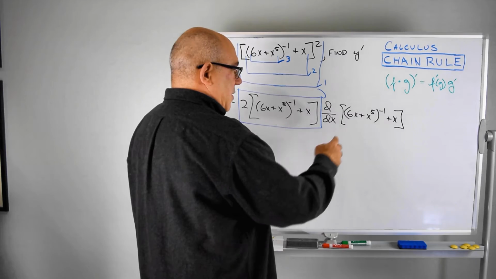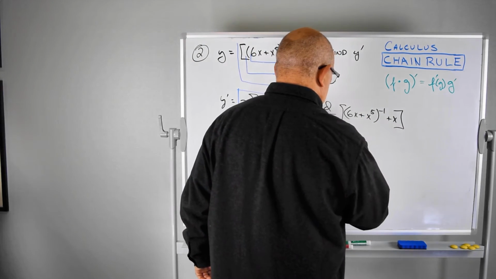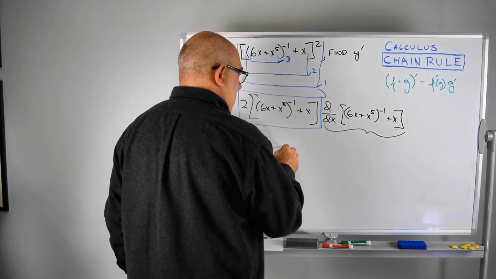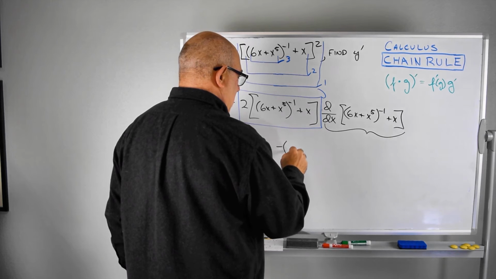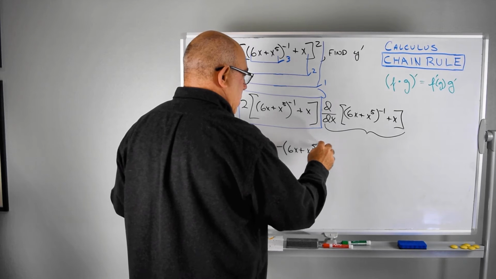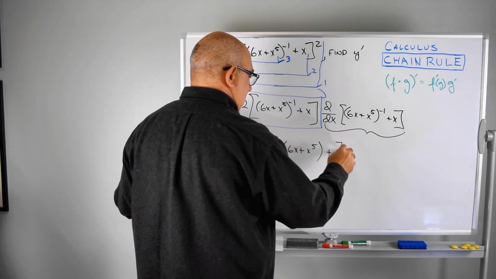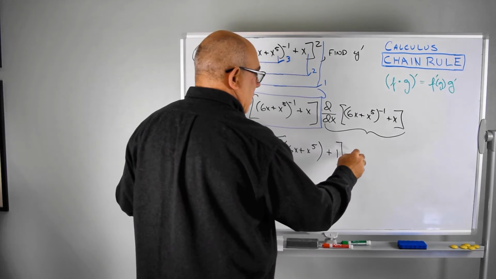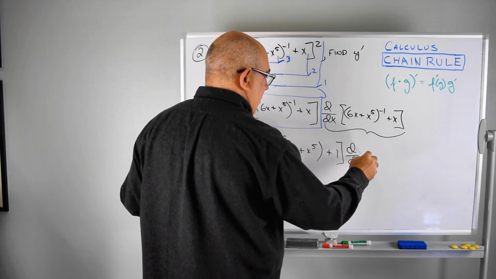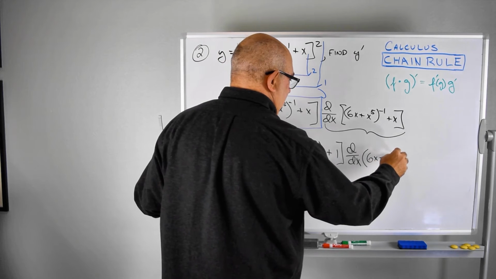Okay? So let's take a look at this. If we differentiate this piece, it's going to equal minus 6x plus x to the 5th plus 1 times the derivative with respect to x of 6x plus x to the 5th.